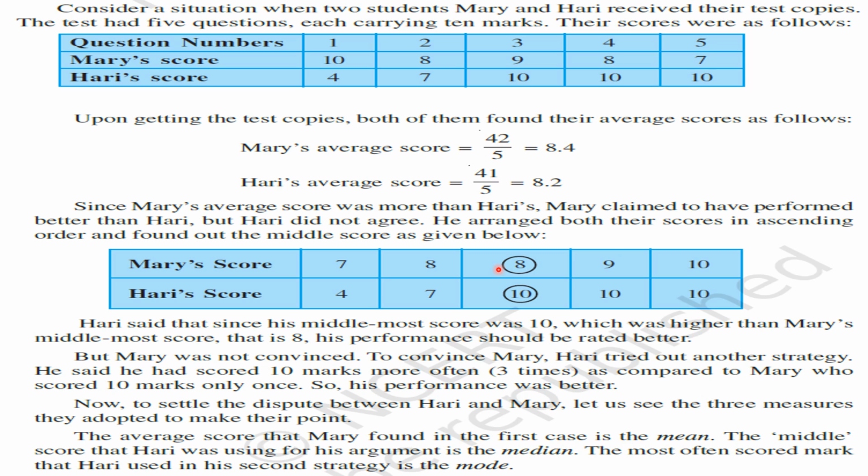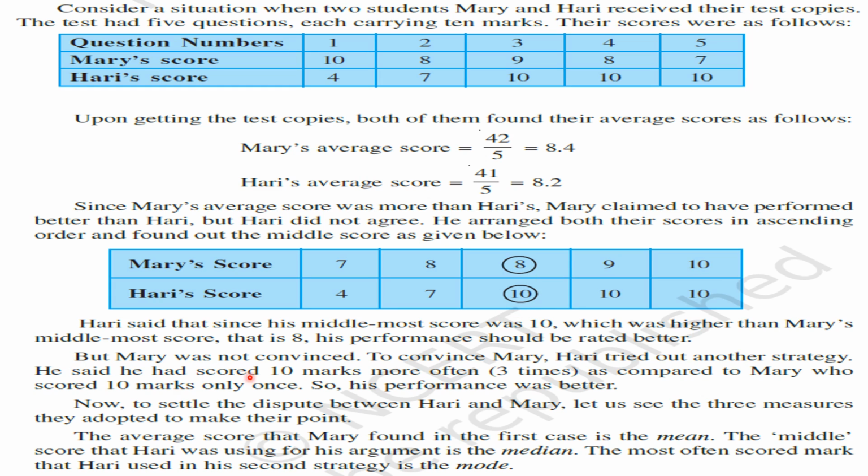He arranged their scores in ascending order, from lower score to higher score. So 7, 8, 8, 9, 10. He also arranged his scores: 4, 7, 10, 10, 10. And he considered the middle score, the middle number. Here it is 8; here Hari's score is 10.